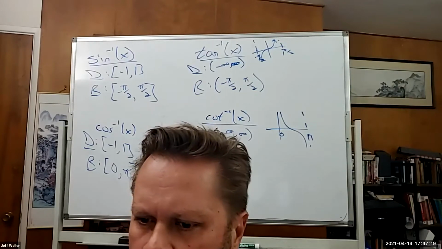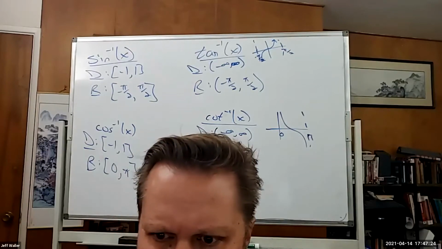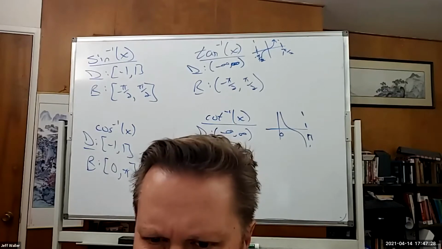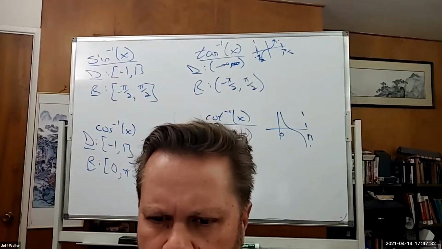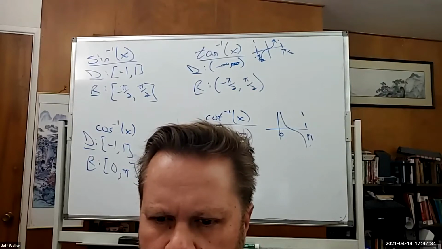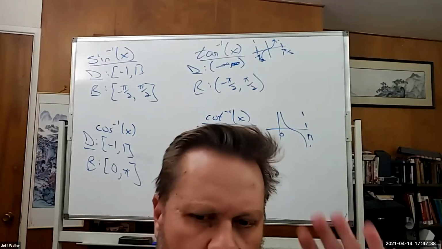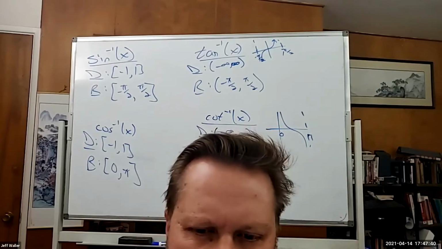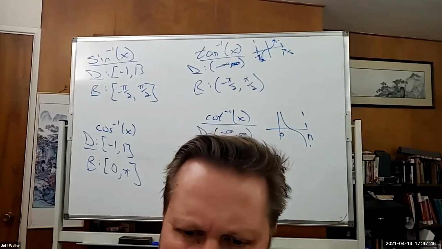Let's see. No, they don't. Okay, that's strange. Well, they don't even talk about inverse cotangent. All right. I'm not going to introduce that yet because that doesn't even show up. That's really strange.